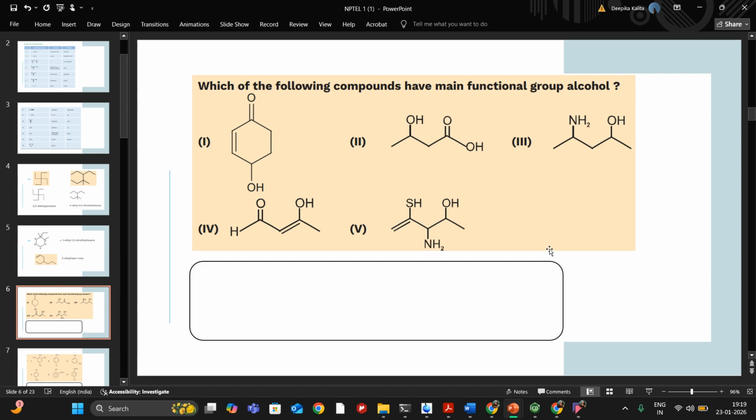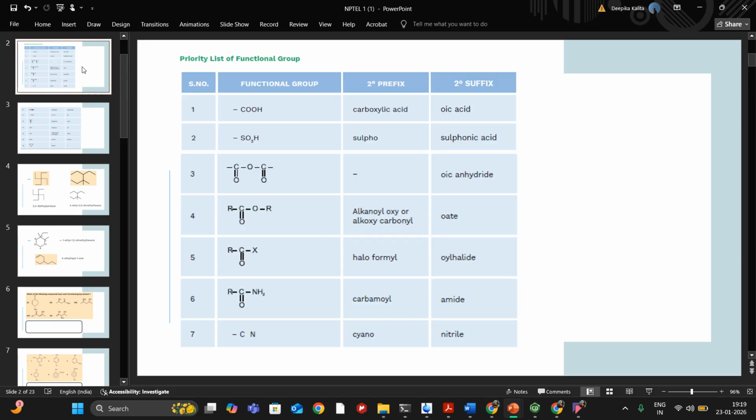For that, you have to go back to the priority list which we talked about in the beginning of the lecture. I hope you remember this priority list, we have all the functionalities present here which are present in the structures given in the question.